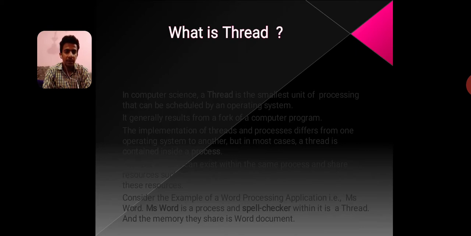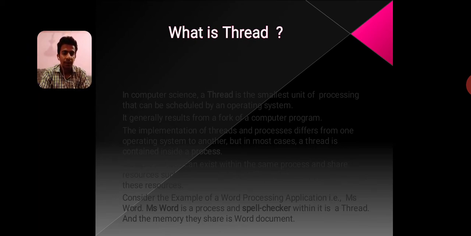The implementation of threads and process differs from one operating system to another, but in most cases, a thread is contained inside a process, and it can exist within the same process and share resources.